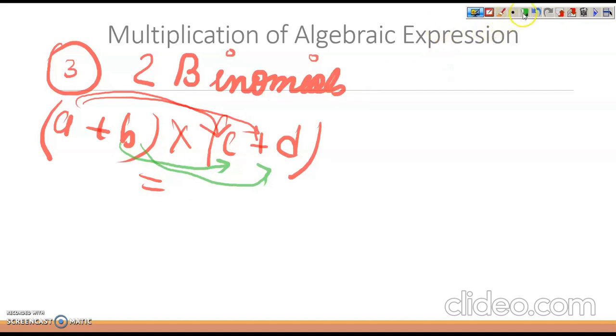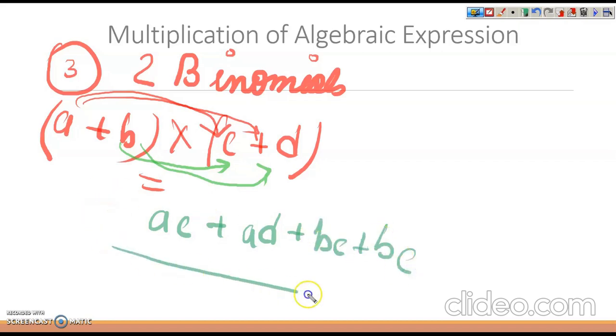So our answer will be AC plus AD plus BC plus BD. Okay. This is for two binomials.